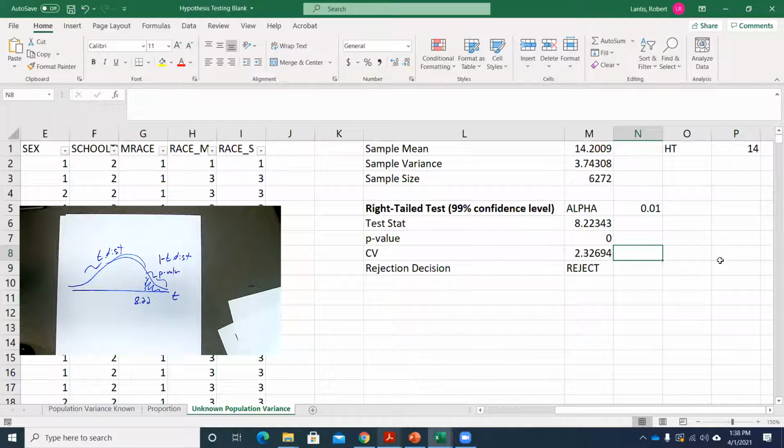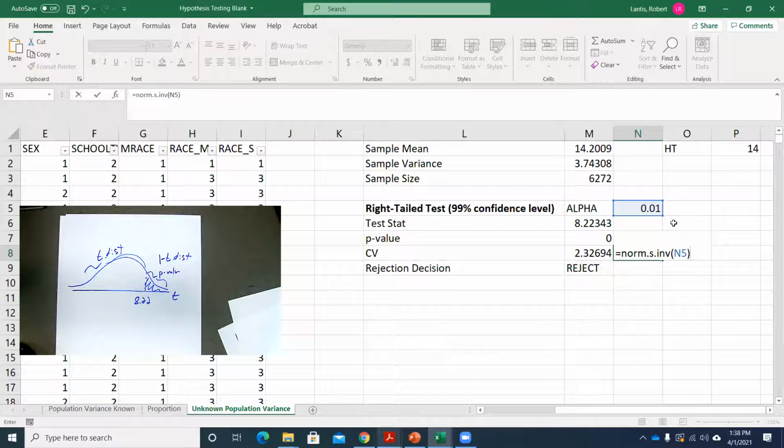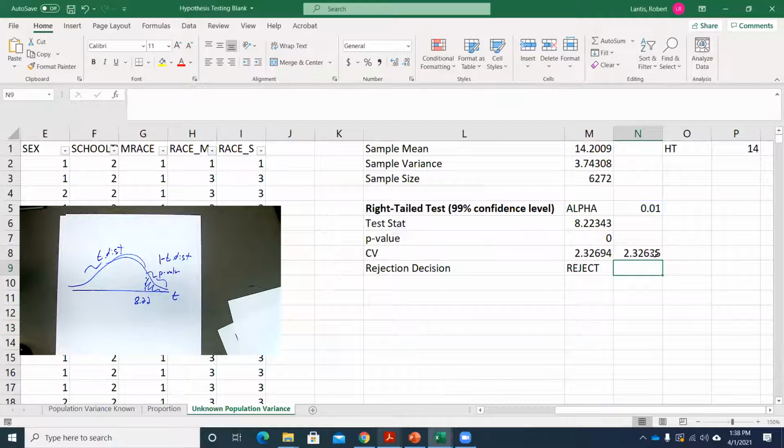And one thing I want to point out here: if I use my norm.s.inv and do the same thing, I look at alpha, and then I take the absolute value. Notice these are almost the same, because as the sample size gets higher and higher, the student t and the standard normal distribution get closer and closer to each other.